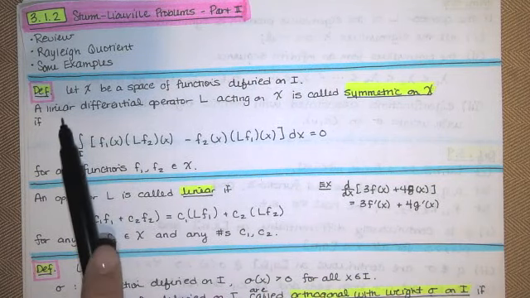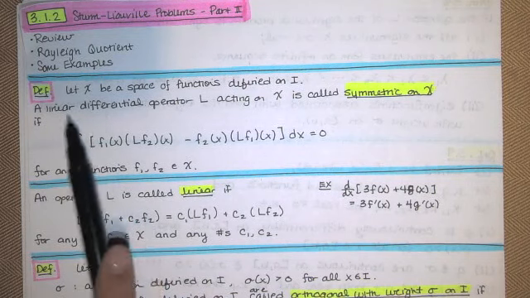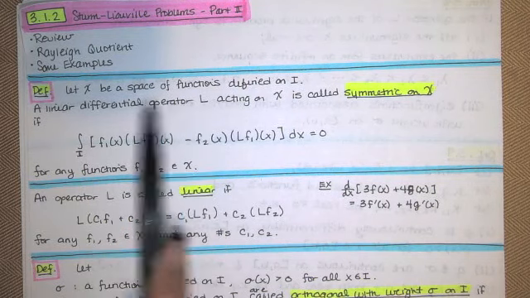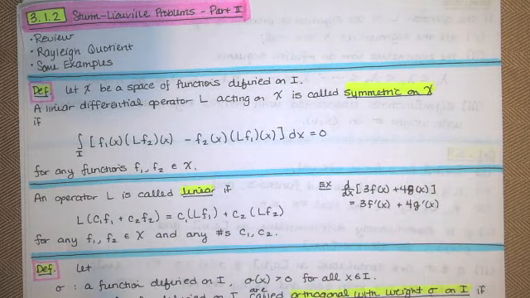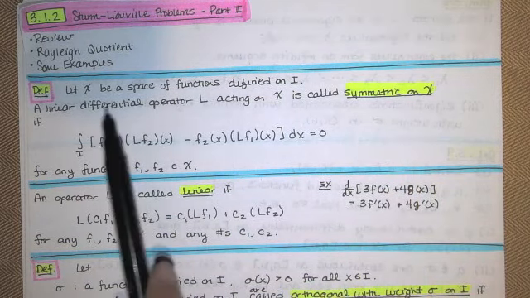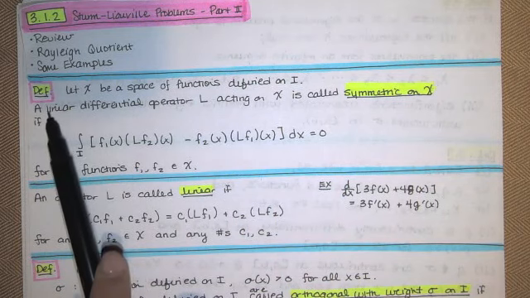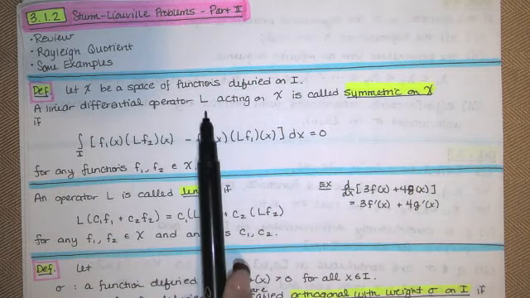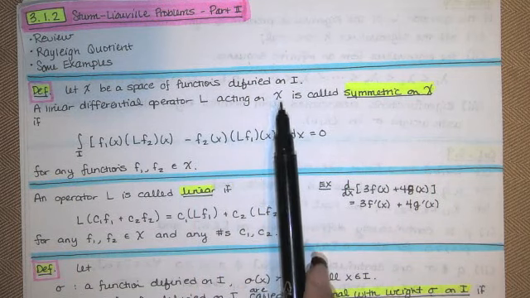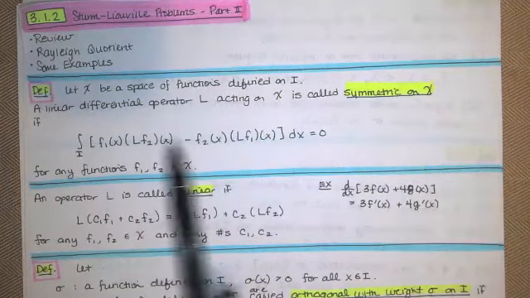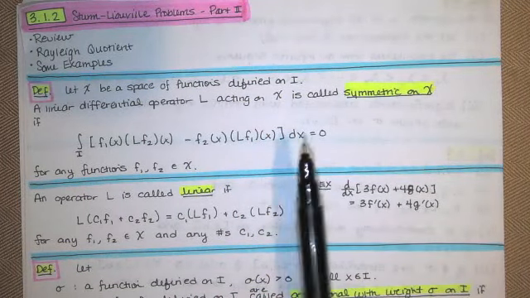So, going back to this definition, we've got a linear operator, L, that is a differential operator. So it involves differentiation as opposed to anti-differentiation or some other operation. If we've got an operator like that, and it's acting on functions in a space of functions chi, we say that that operator is symmetric on chi if the following is true.